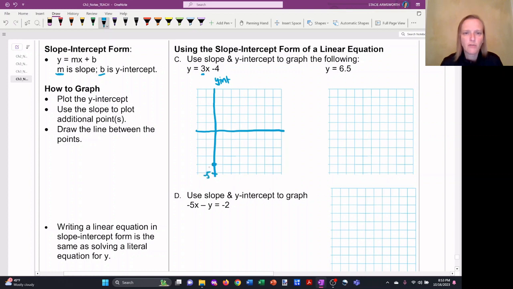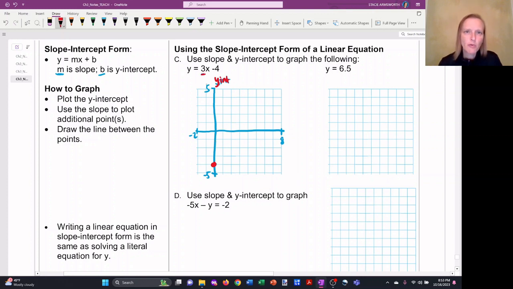This is my negative 5 value, and I'm over here at negative 2, up here at positive 5, and over here at positive 8. So if I start down here with my negative 4 as my y-intercept, then I can use my slope to plot additional points.